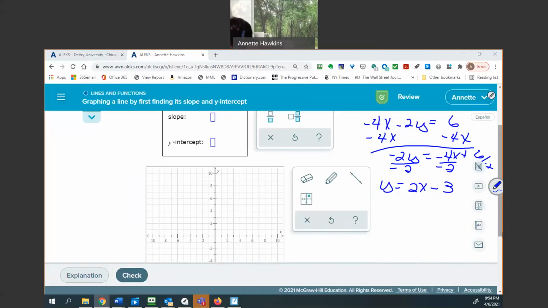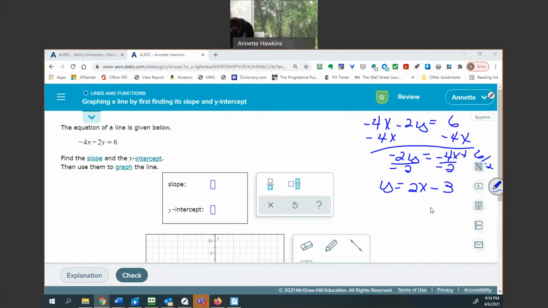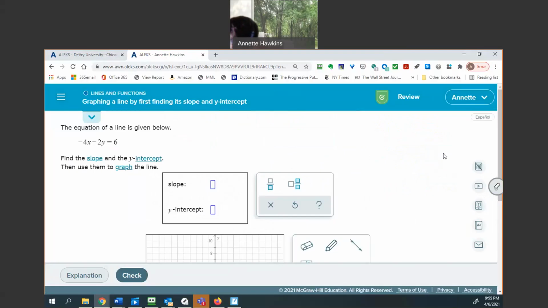Nope, that is not correct. This needs to be plus. Let me do this over. Negative 4x minus 2y equals 6.